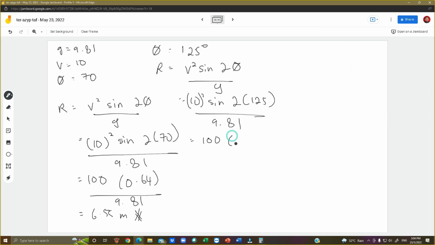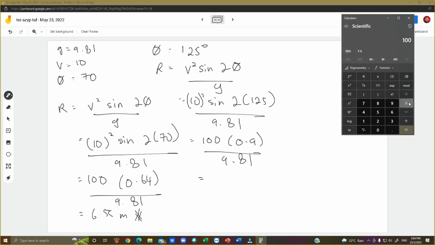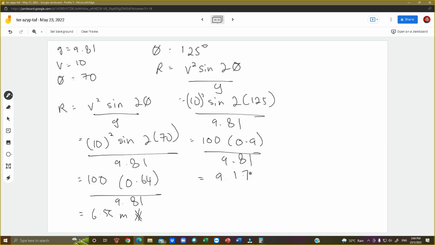Okay, kita neglectkan negatif dia. Bagi 9.81. Okay, 100 kali 0.9 bahagi 9.81. Oh, 0.81, sorry, terbalik. 9.81 kali 0.9. Okay, bahagi 9.81. Wow, betul lah. 9.17 meter.